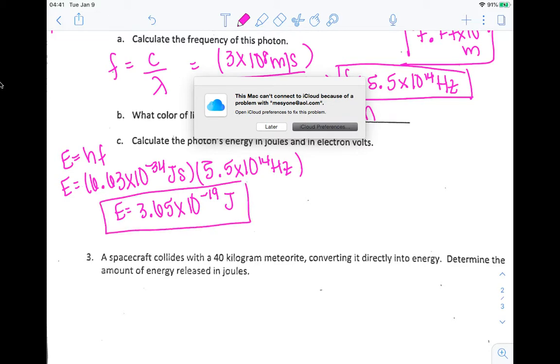They ask us to take this and convert it to electron volts as well. So we start out with what we have, which is our answer of 3.65 times 10 to the negative 19 joules. We always put that over 1. You want to get rid of joules, so joules goes on the bottom. Electron volts is what we're looking for.